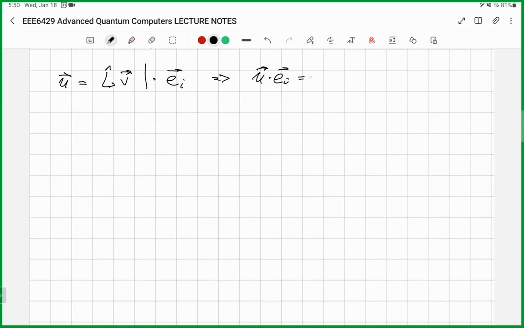So this is simply the projection, or component, of my vector, U sub I. This is the result of the action on the left-hand side, and on the right-hand side I simply get the following: E sub I vector, then my operator L, and vector V, right? You see that I multiply this vector here and vector here.